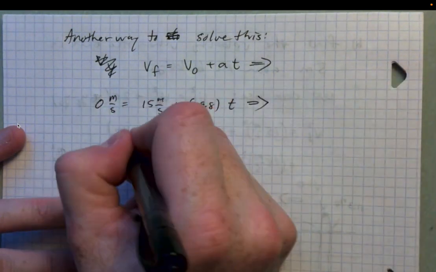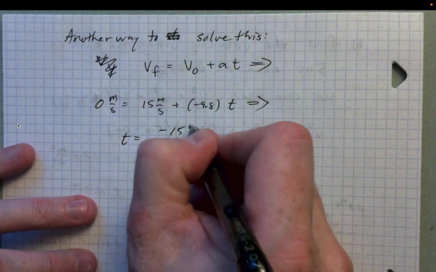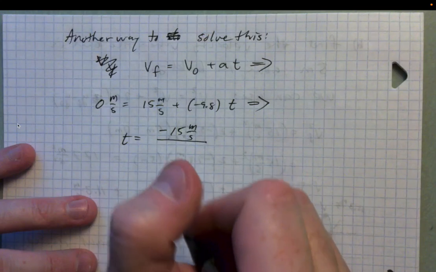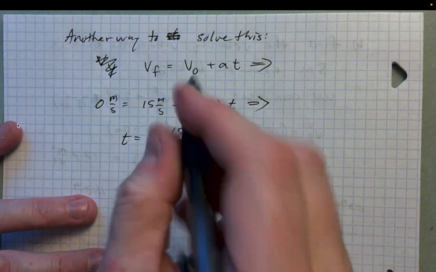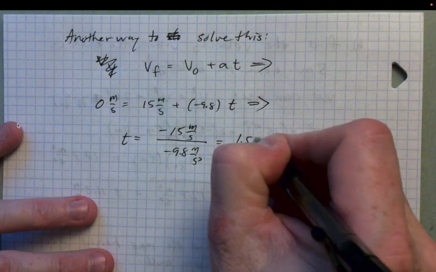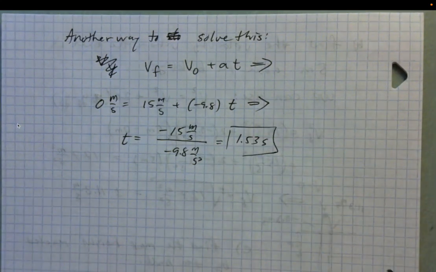So t is equal to negative 15 meters per second divided by negative 9.8 meters per second squared. And when you do that math, you get 1.53 seconds. Okay, so I figured out how long it takes for the ball to get to its maximum height. It takes 1.53 seconds roughly, right?